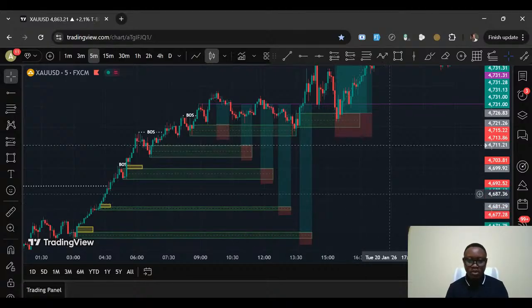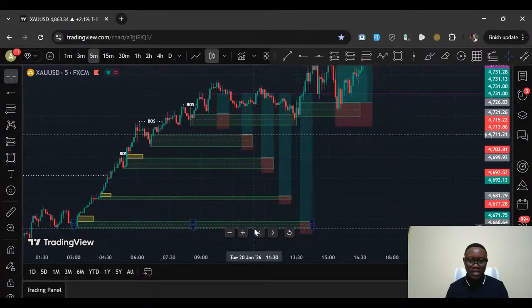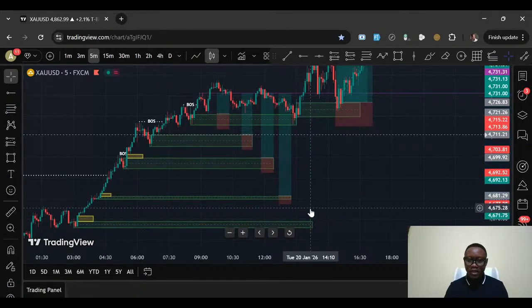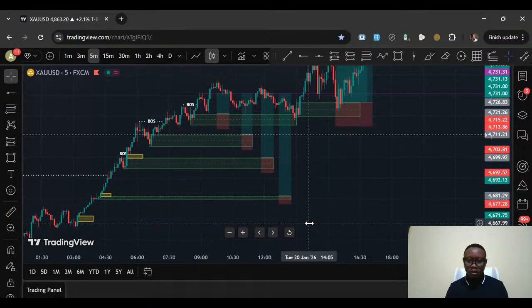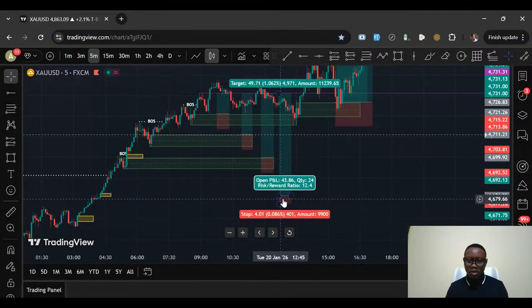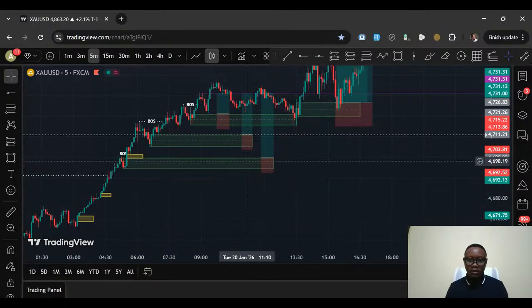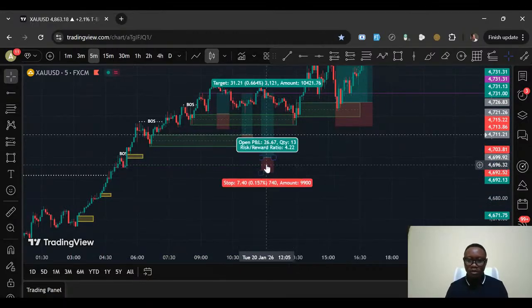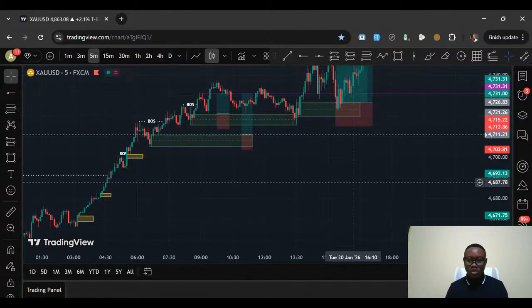So back to what we did. Like I said, price didn't get to these extreme zones, so let me take them out real quick. But we were still able to make money from subsequent price structure.